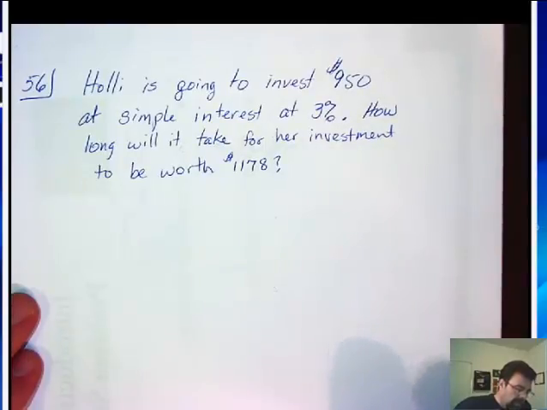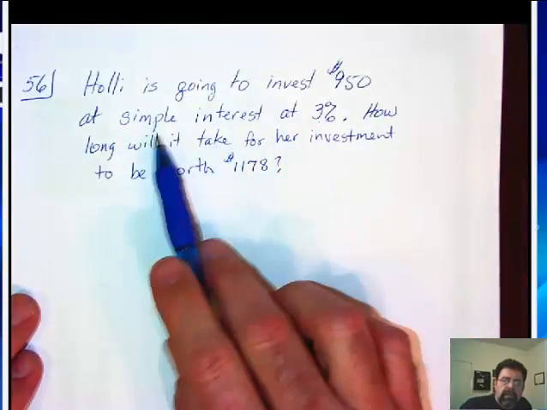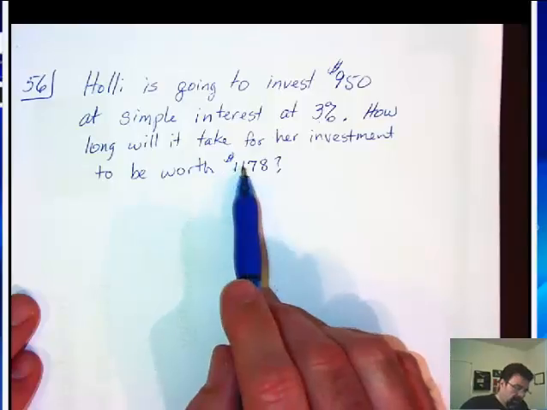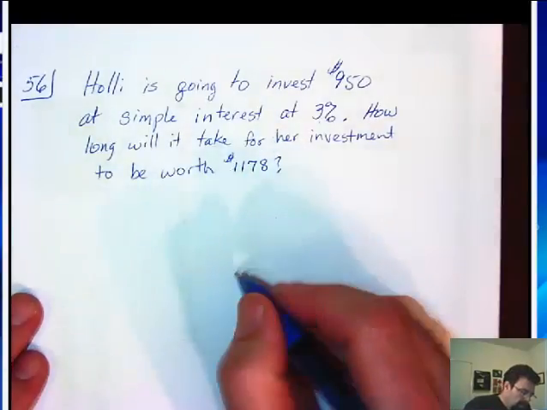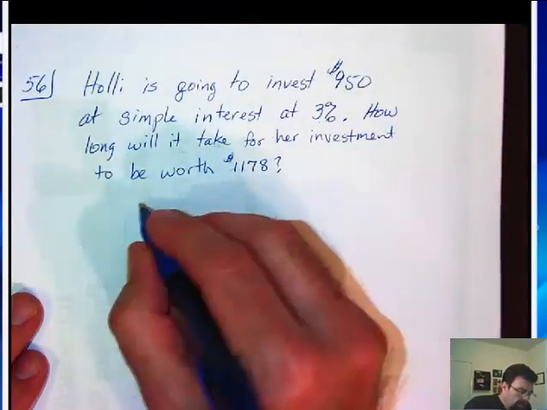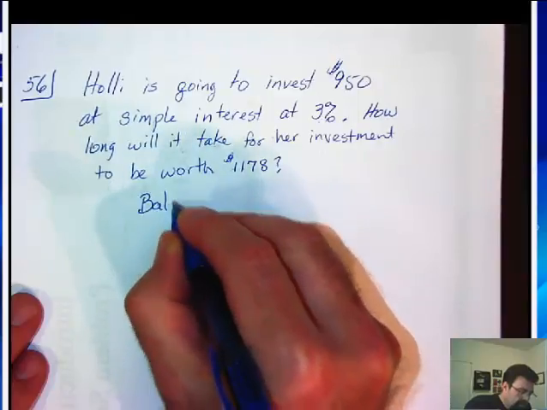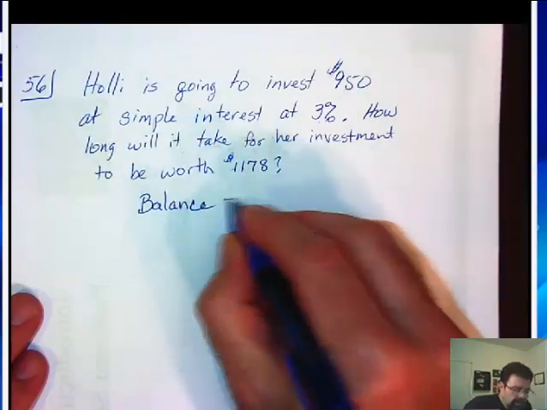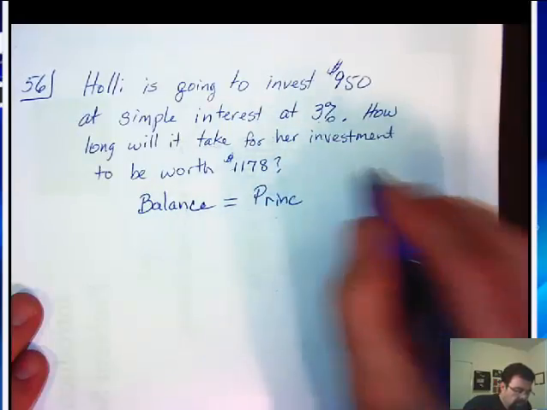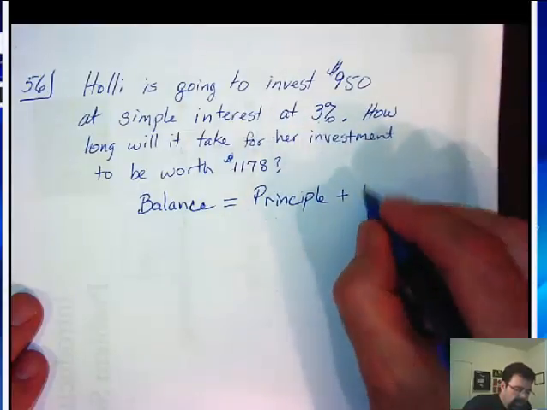Holly is going to invest $950 at simple interest at 3%. How long will it take for her investment to be worth $1,178? Okay, so we need to know some formulas. The balance of your account is going to be equal to principal plus your interest.